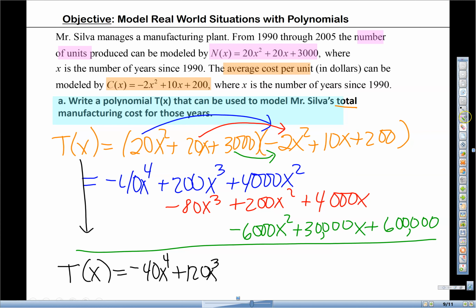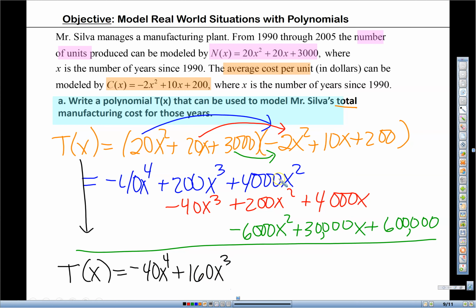So I'm looking here at when I distributed my 20x to my negative 2x squared. For some reason I said 20 times 2 was 80 instead of what it really is, which is 40. So that should be a negative 40x cubed. So that means that this value is going to be a 160x cubed. Now we're good to go.